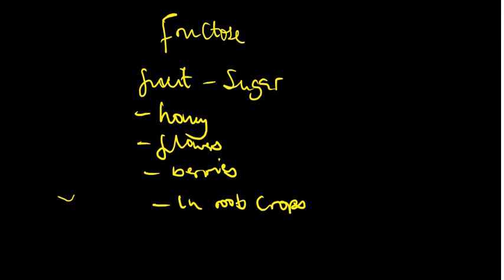Alright, so the open chain of fructose has a ketone, so it's actually the opposite of glucose. You can say fructose is a structural isomer of glucose, because glucose has an aldehyde group but fructose has a ketone group. So when you look at this, if this is fructose, it is double bonded to oxygen.